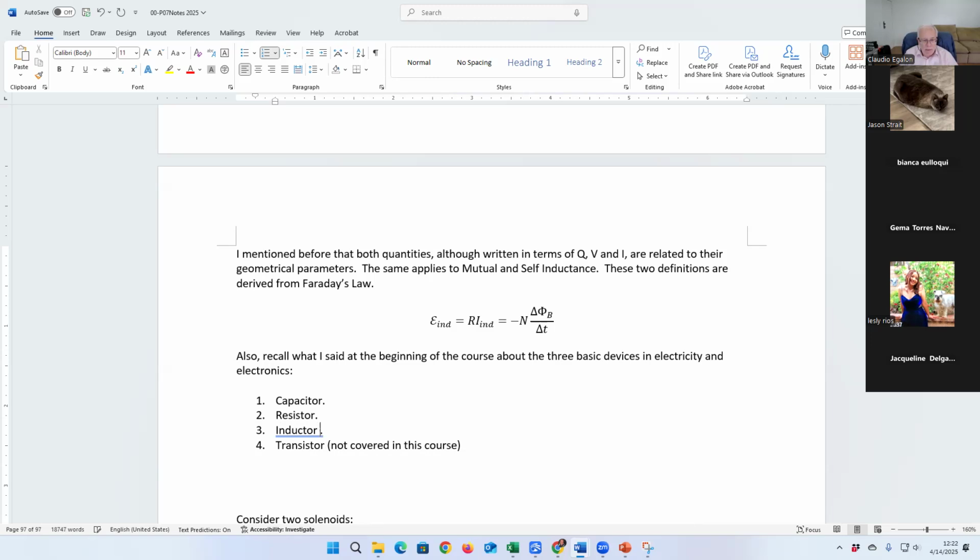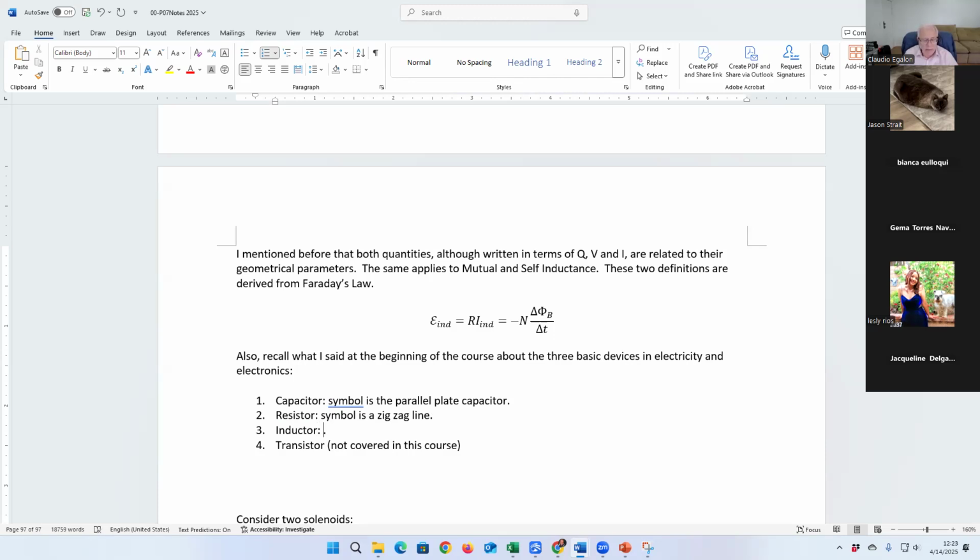The symbol of the capacitor is the parallel plate. The resistor symbol is a zigzag line. And the inductor, what about the inductor?